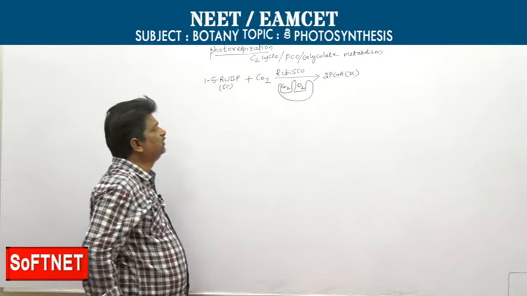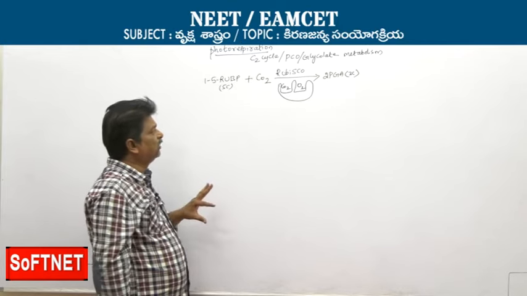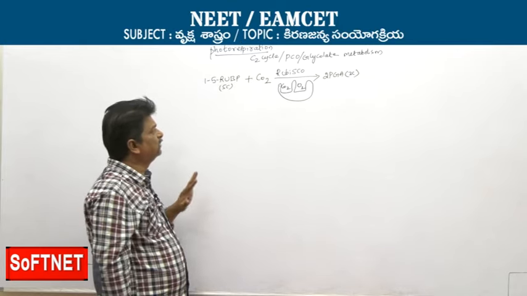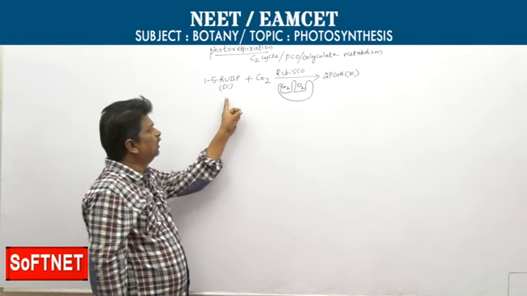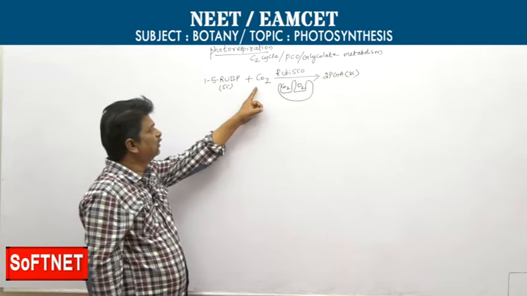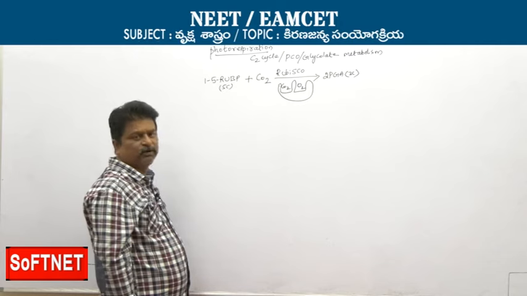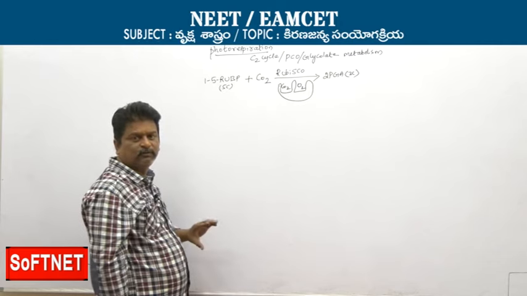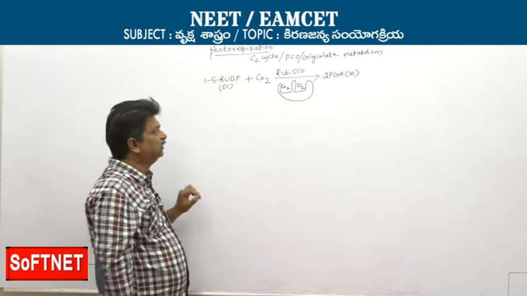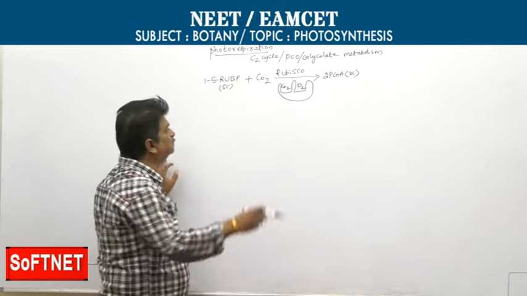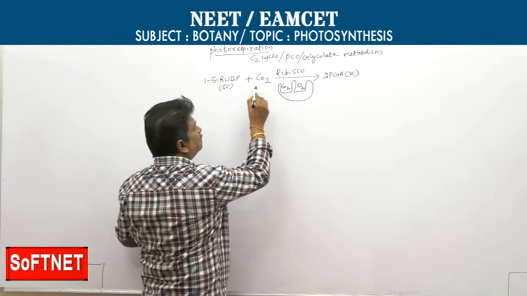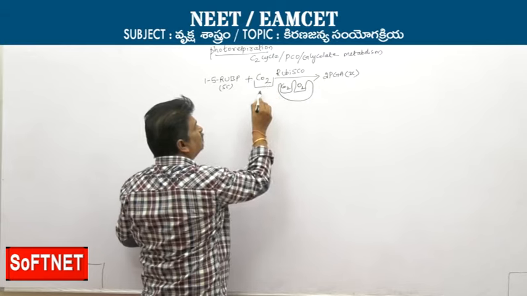So in normal condition, if carbon dioxide amount is more, RuBP fixes carbon dioxide and forms 2 molecules of phosphoglyceric acid. That is normal condition.